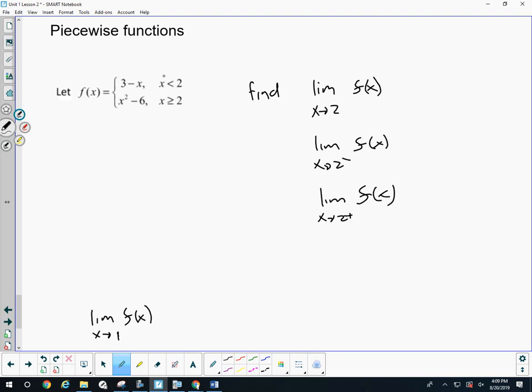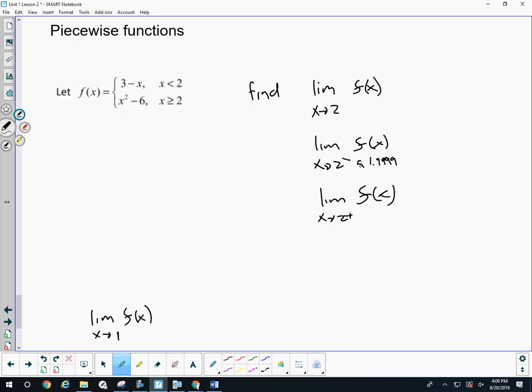Well, it's really important that we understand these pieces, if you looked at them individually, are nice. They're continuous, they're smooth, there's no holes, there's no asymptotes, so I don't have to worry about it. So if I'm looking at 2 from the left, first of all, you're thinking of 1.999.